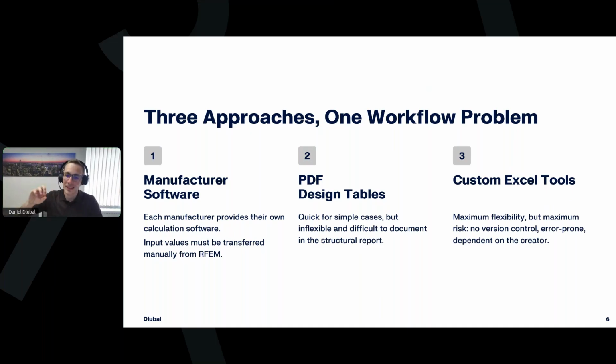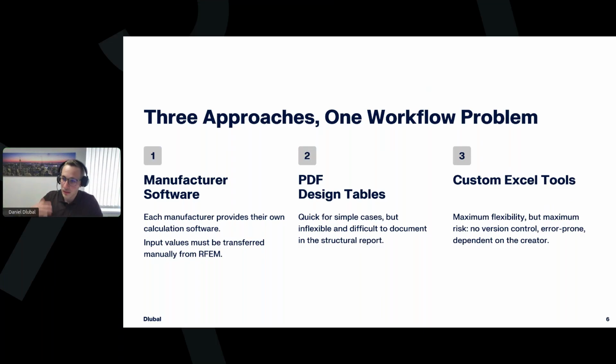Everything fine. However, you have always this kind of transferring issue that you have to update the forces or even the geometry when some updates are appearing in the main model. So you have always to transfer this information. So the input values must be transferred manually from RFEM.